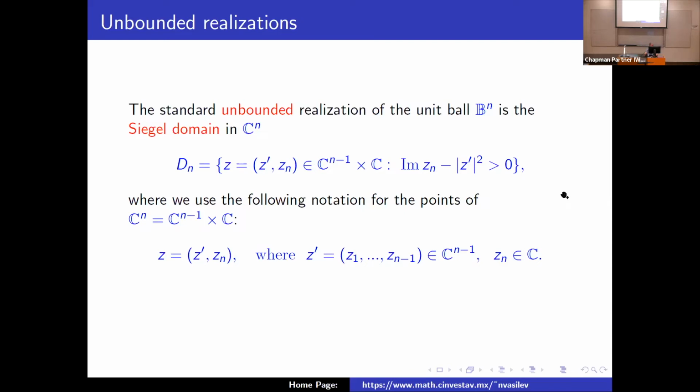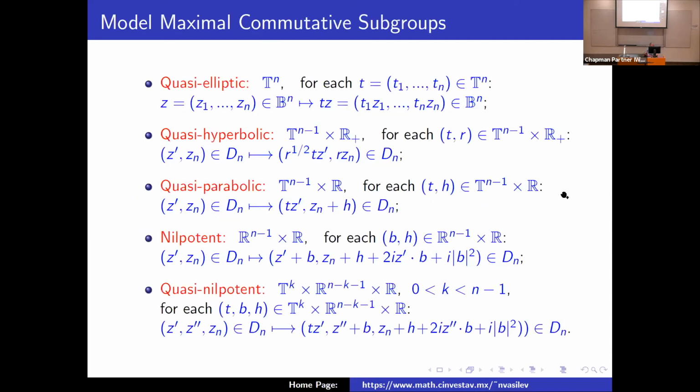And as known, fortunately, there are five different model groups of maximal abelian subgroups of biholomorphisms of the unit ball: quasi-elliptic, quasi-hyperbolic, quasi-parabolic, nilpotent, and quasi-nilpotent. The last one depends on the parameter k, which runs between 0 and n-1.